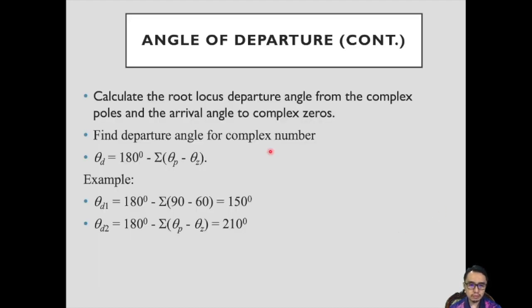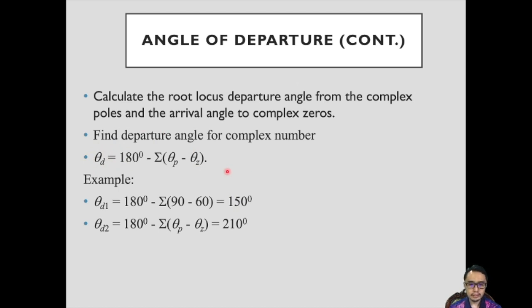Just to summarize before we do the example, the departure angle for a complex pole is theta d equals 180 degrees minus the sum of theta p plus the sum of theta z. So we rearrange the equation and you can solve for the departure angle.